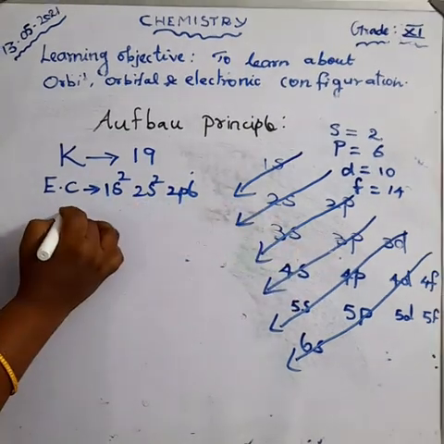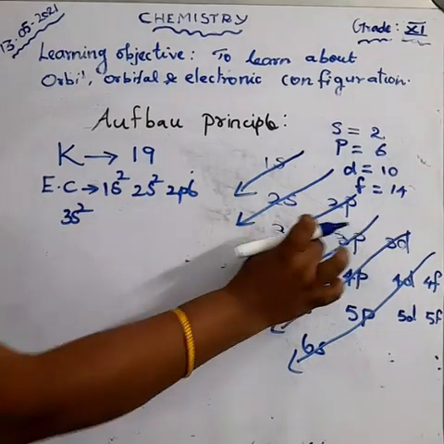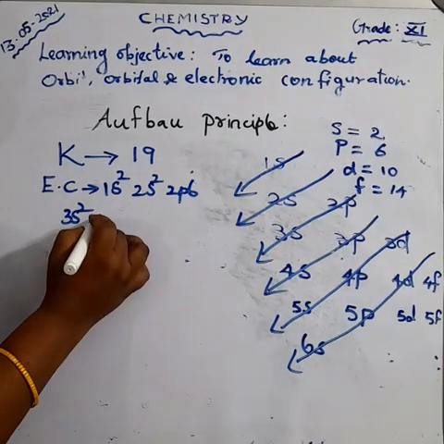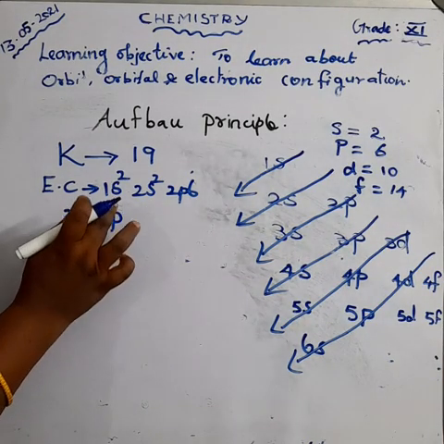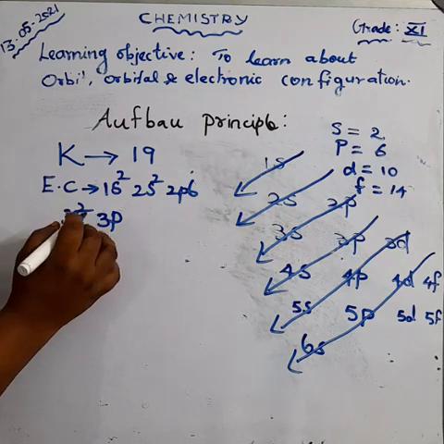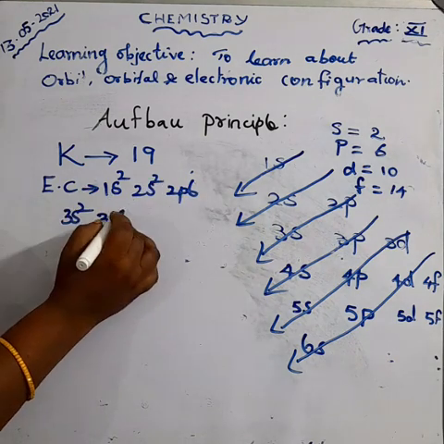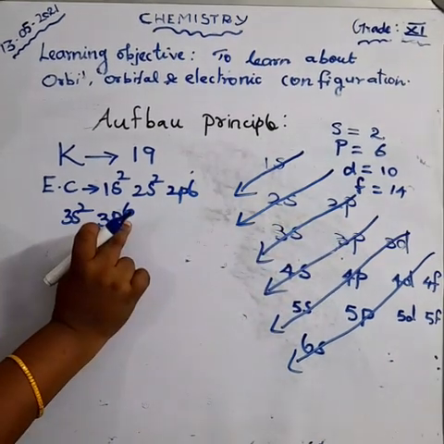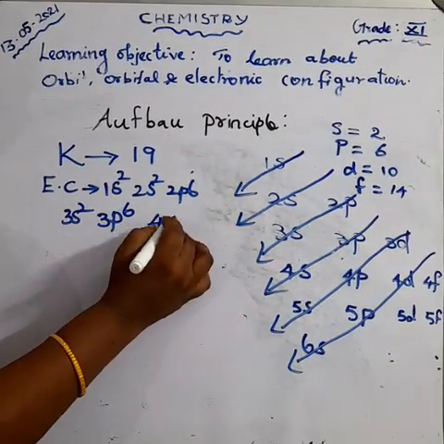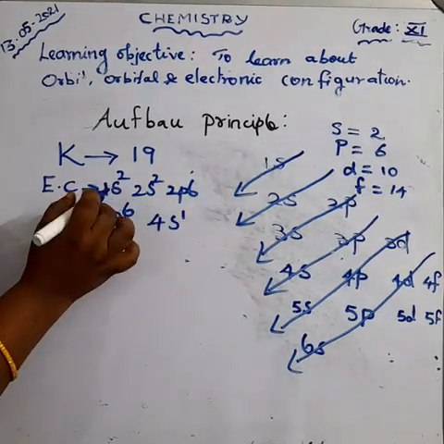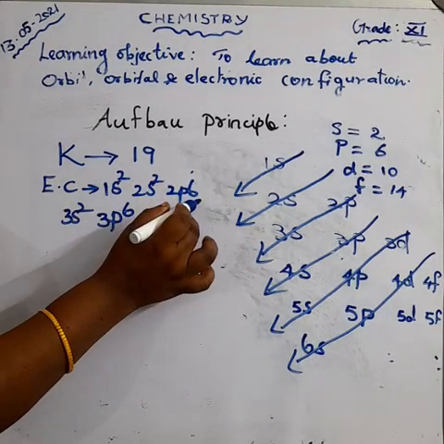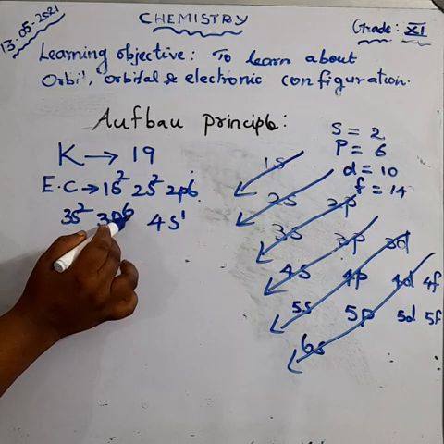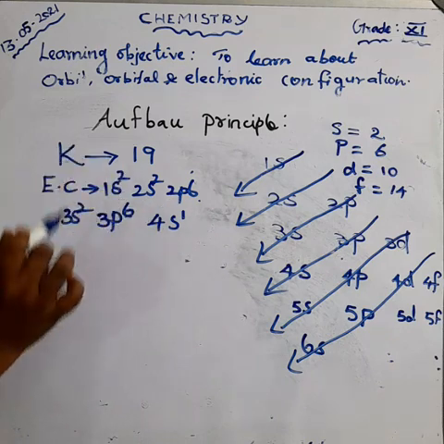We can write 3s2, and then we can start with 3p6, and remaining 1 electron, 4s1. So total how many electrons here? 2 plus 2 is 4, 4 plus 6 is 10, 10 plus 2 is 12, 12 plus 6 is 18, 18 plus 1 is 19 electrons.